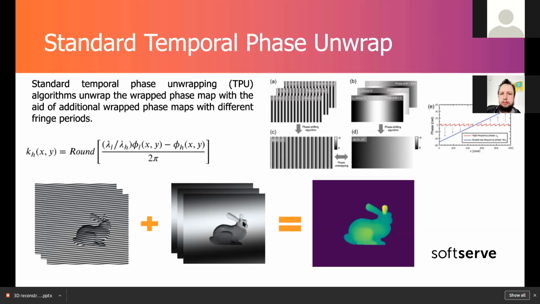Because these are 1 Hertz images, they have a very nice property: they're not wrapped. They're already unwrapped and quite flat. Using this information, we can look at the difference between low and high frequency and restore the original coefficient k in order to find the unwrapping for the high frequency component.